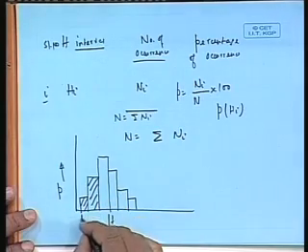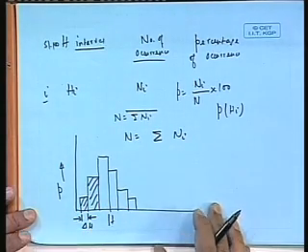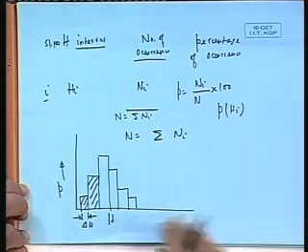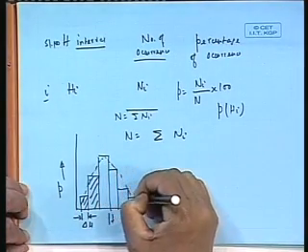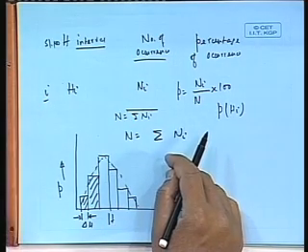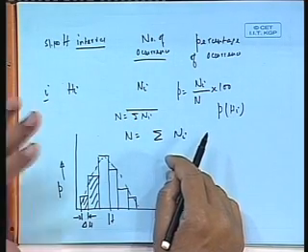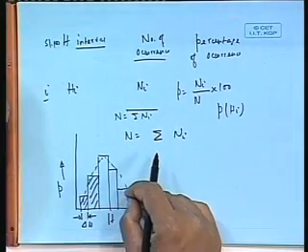If I call this delta H, why am I doing that? The reason is so that the area under that represents the total percentage of occurrence, which is equal to 1 in a probabilistic sense. It does not matter how you do that, because we are not going to do this; it is only to show.